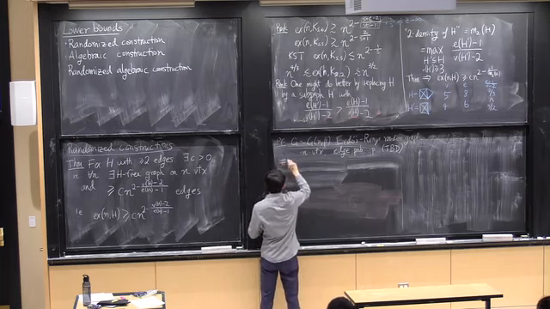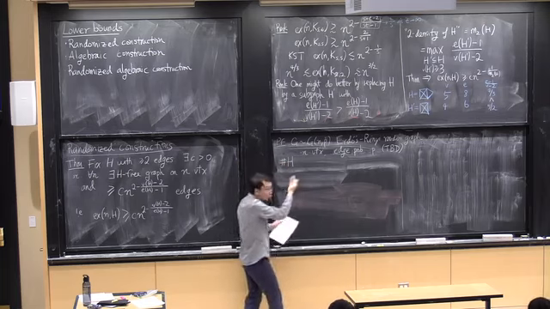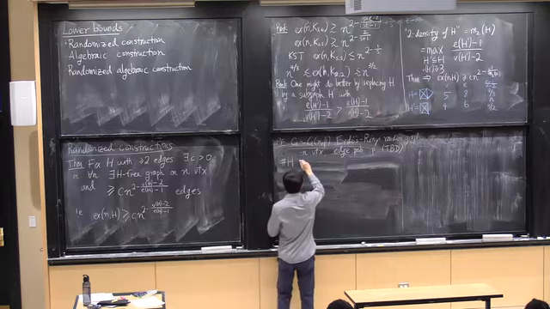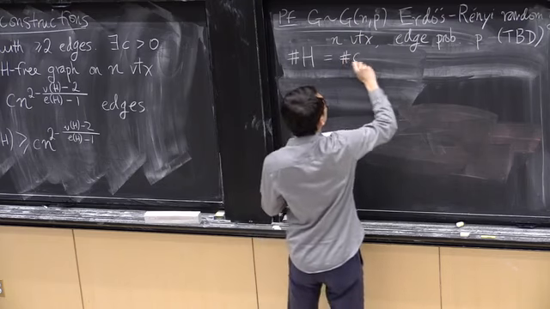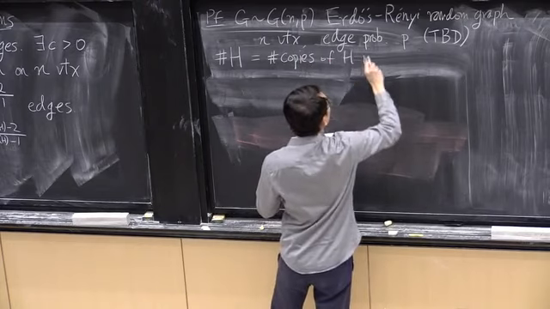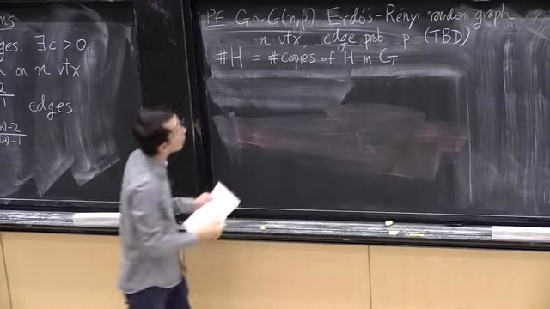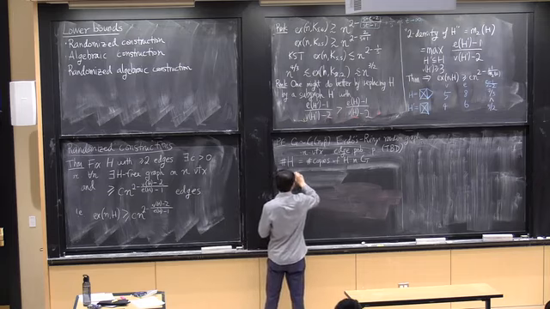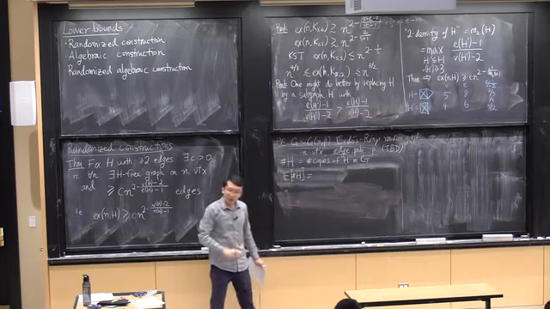I'm interested in avoiding H. So this random graph might have some copies of H. Let me count the number of copies of H. We can compute the expected number of copies of H by linearity of expectation.